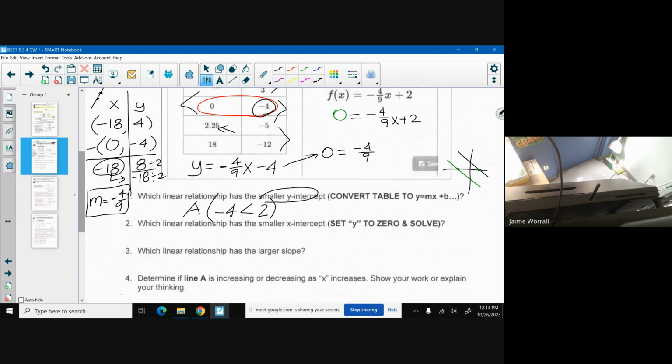I got negative 4. Go calculate. I'll give you about 1 minute.